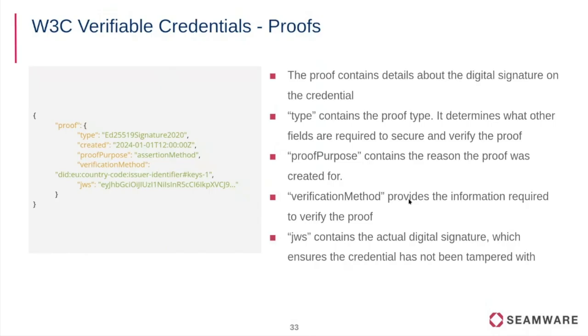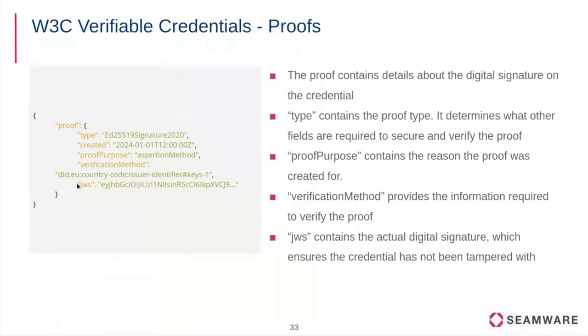We will have a verification method that provides us information on how to verify the proof. For example, it could be a link into the issuer's public key set to know which key actually is to be used to verify this complete credential. And it might contain the JWS, which is the actual signature, which ensures the credential has not been tampered with.